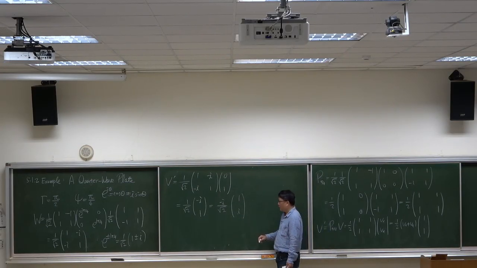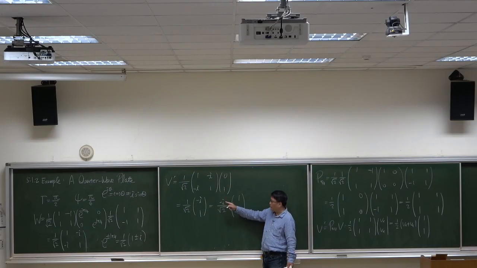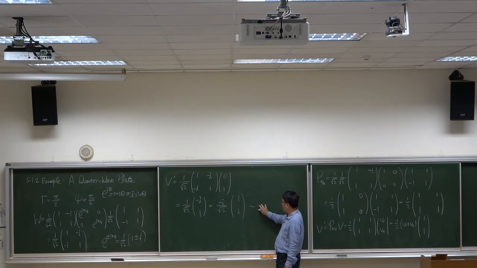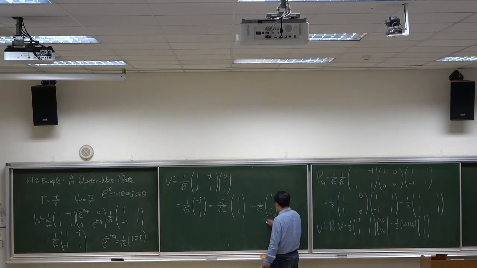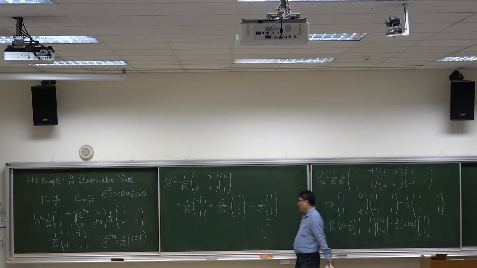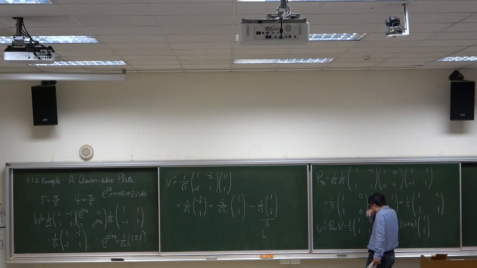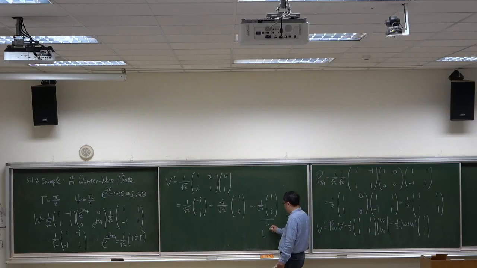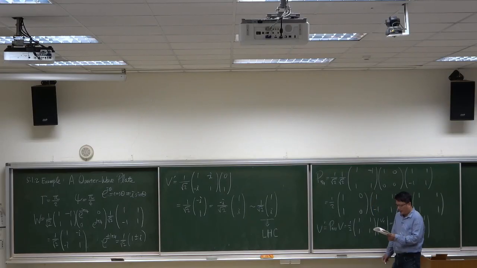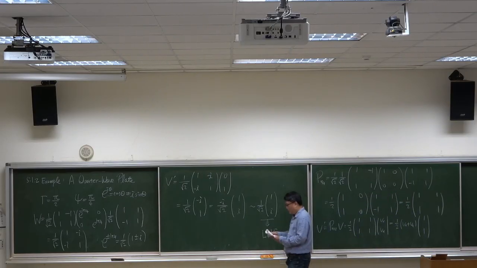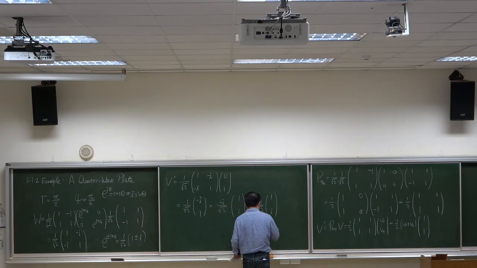So as I have already explained, this minus i is not important. So this is equivalent to this. And what is this? This is the left circularly polarized light. Left hand circularly polarized light，所以它就变成是 left.